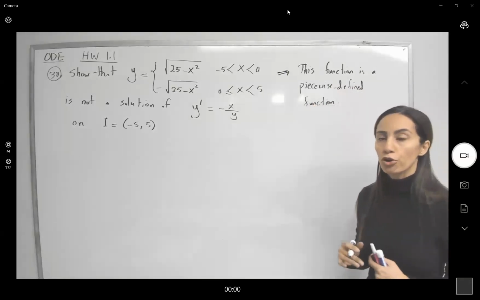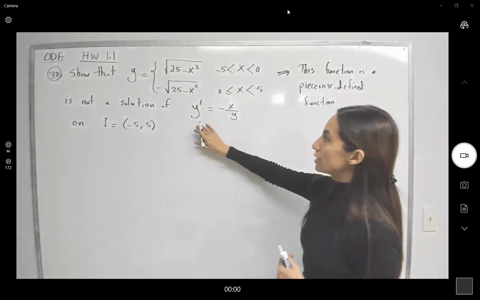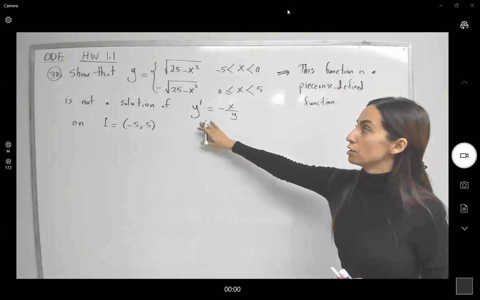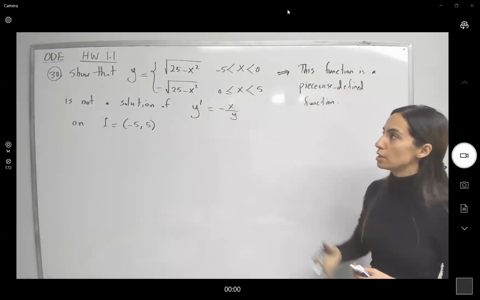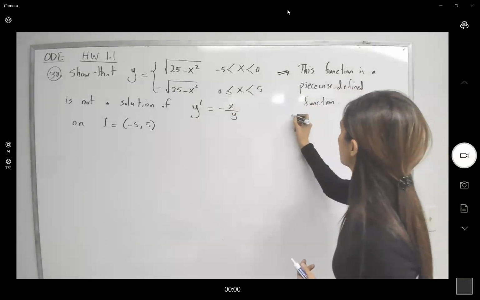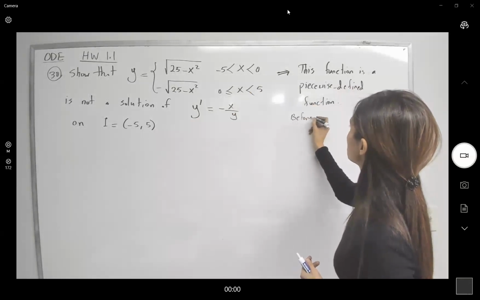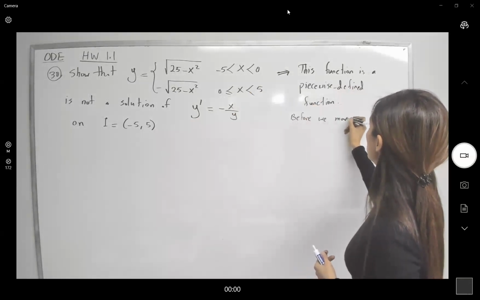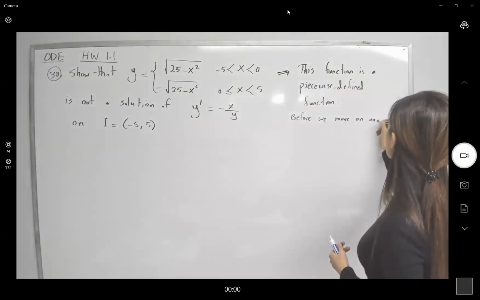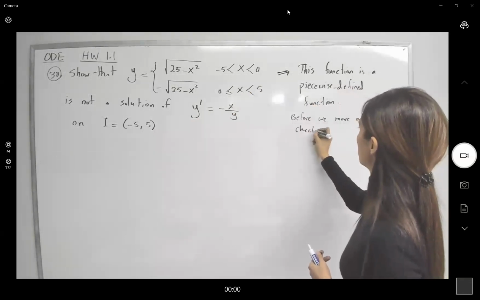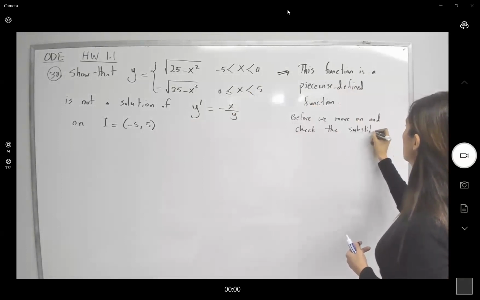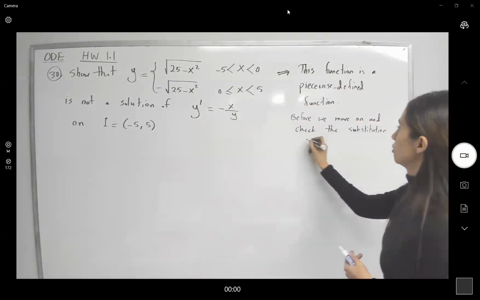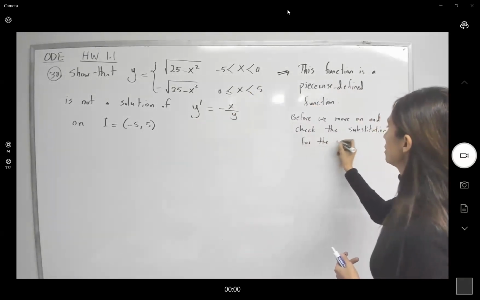So before moving along and checking whether the derivative is equal to negative x over y, we need to check the continuity of this function before we move on and check the substitution for the ODE.